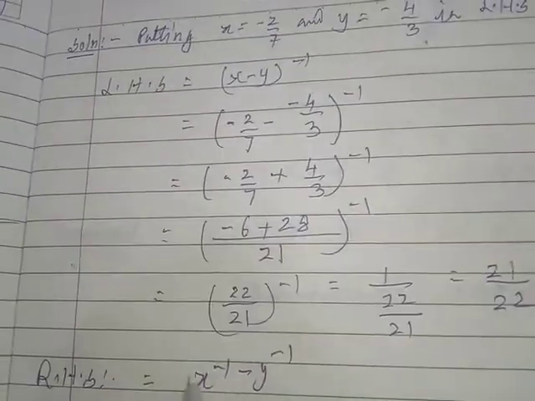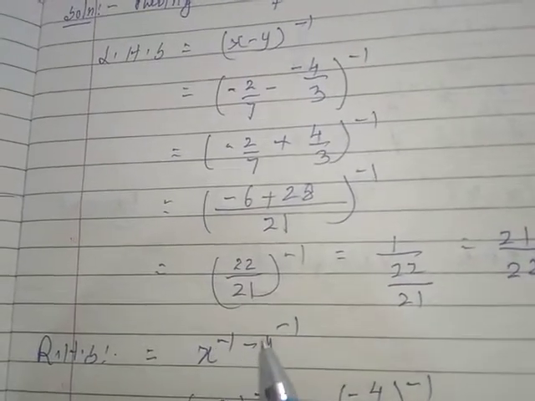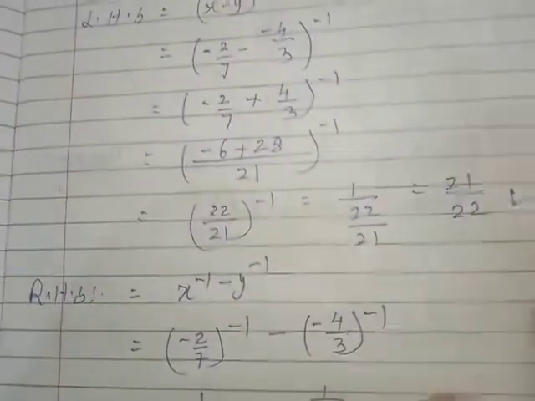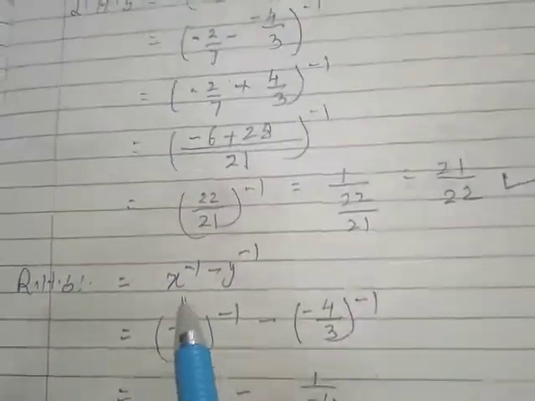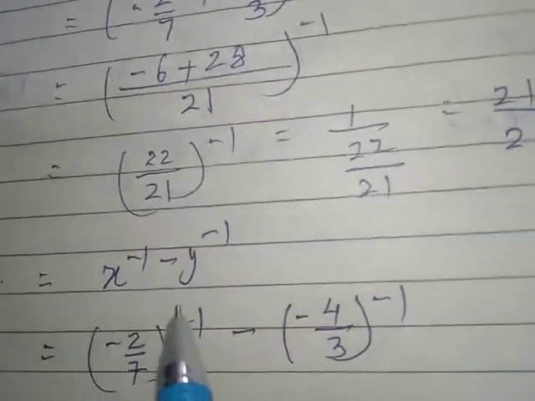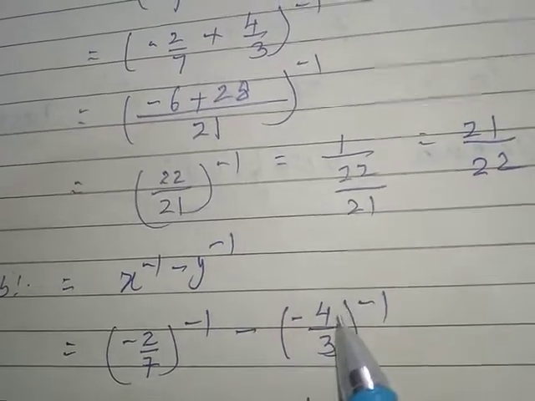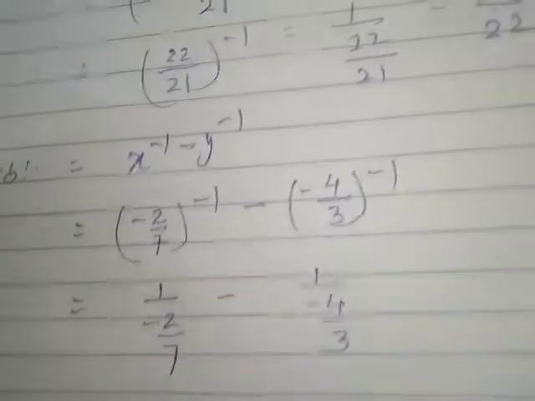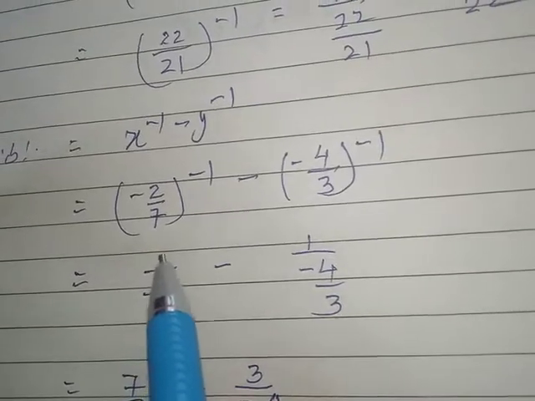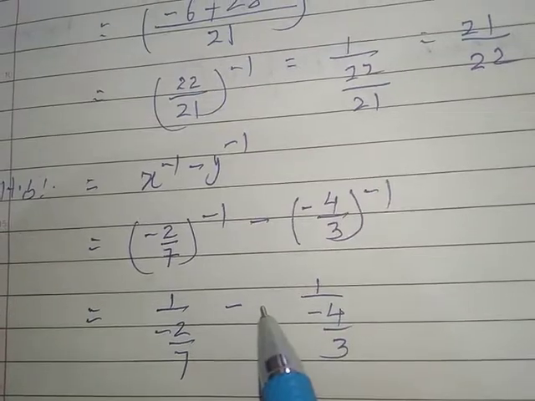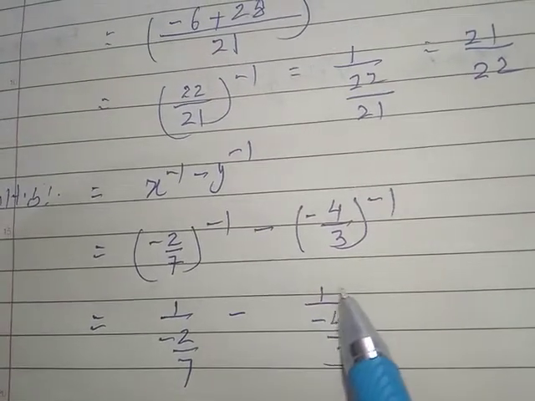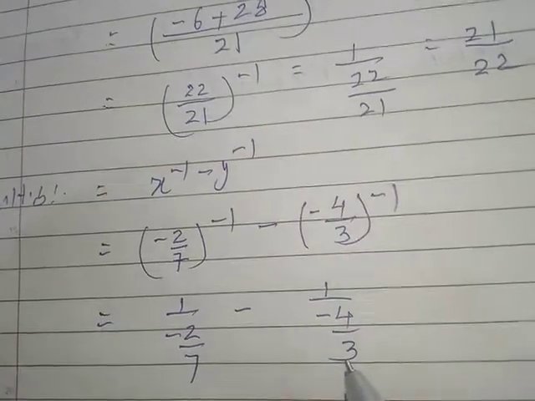This is LHS. Now let us come to RHS. What is RHS? x to the power minus 1 minus y to the power minus 1. Similarly, we will put the values of x and y in RHS also. So x is equal to minus 2 by 7 to the power minus 1 minus minus 4 by 3 to the power minus 1. Now see, this will become 1 upon minus 2 by 7 minus 1 upon minus 4 by 3.